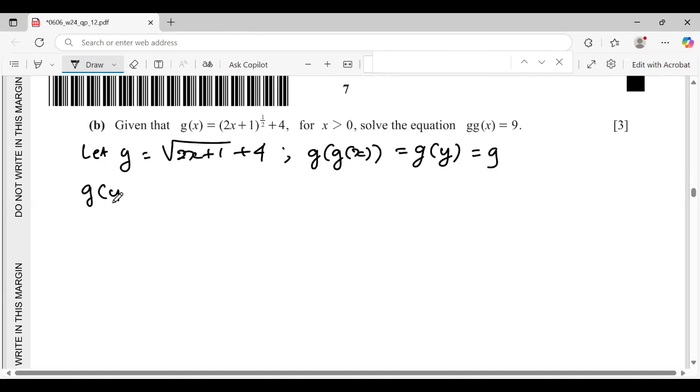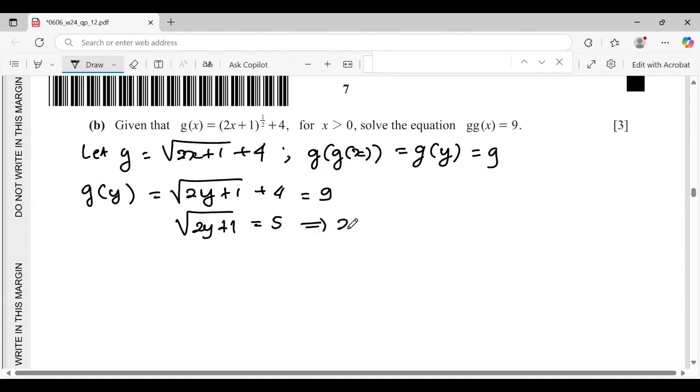So g(y) equals the square root of 2y plus 1 plus 4, and it equals 9. So the square root of 2y plus 1 equals 5, because 9 minus 4. So 2y plus 1 equals 25, 2y equals 24, and y equals 12.